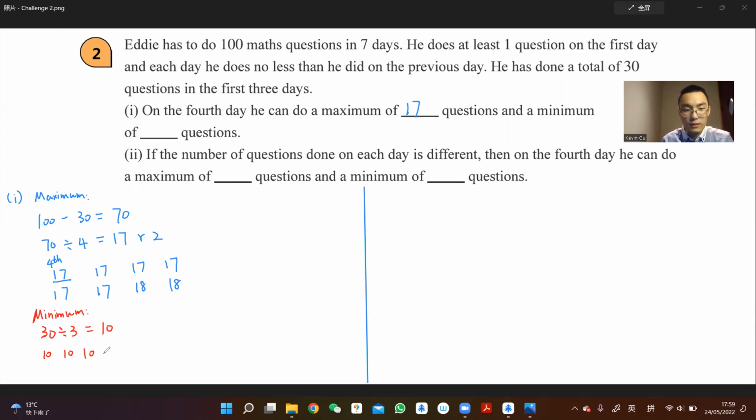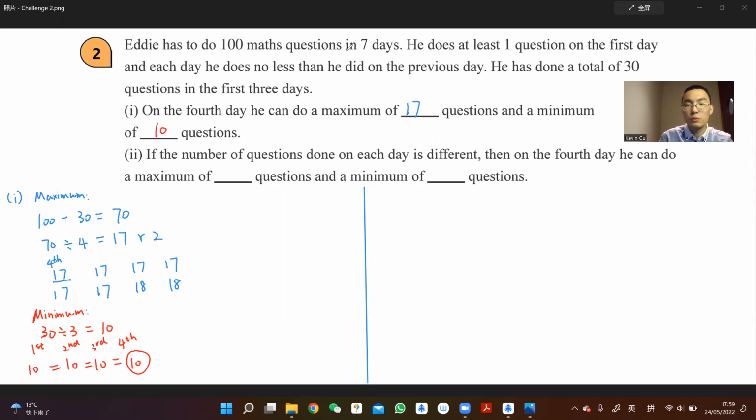So on the 4th day, we can still do 10 questions. Right? So let me write it in a clearer way. So 1st day, 2nd day, 3rd day, and 4th day. They can all be 10 because they're all equal, no less, right? So we have our minimum on the 4th day, which is 10 questions.